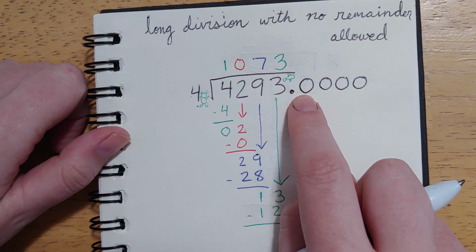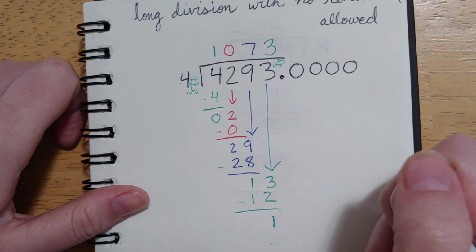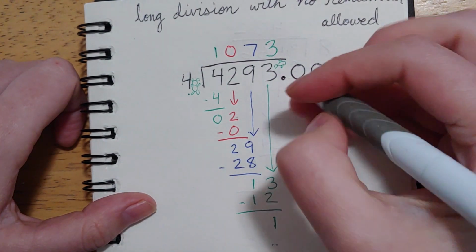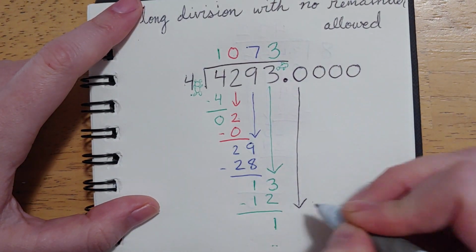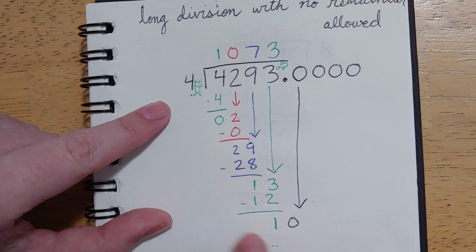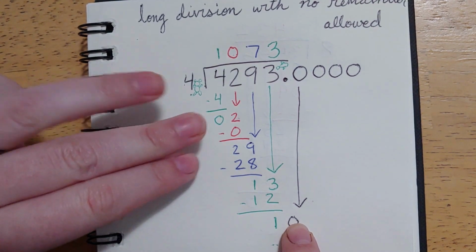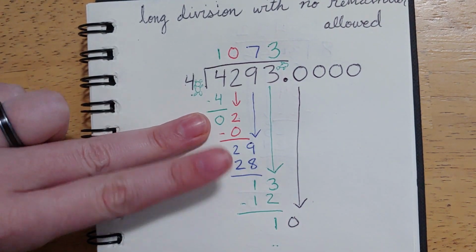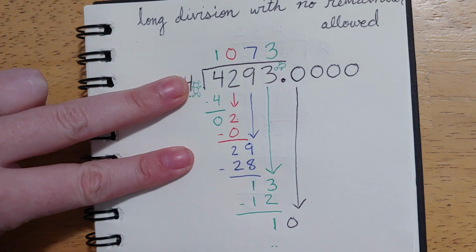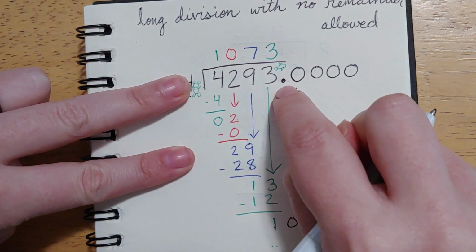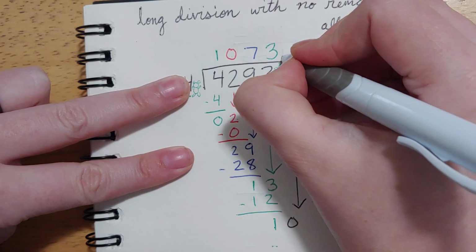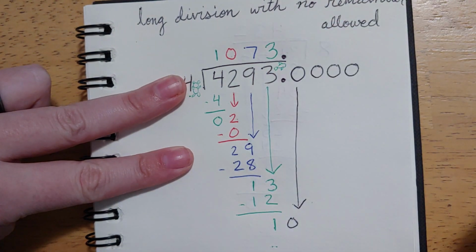We can use this to help us make sure we don't have a remainder. So let's bring down the 0 of our tenths. How many times does 4 go into 10? 4, 8, 12. 12 is too much. Take it back. It goes in 2 times, and we use up 8. Now, when you put the decimal point here, you also need to put it right here. Otherwise, you're going to change your answer.